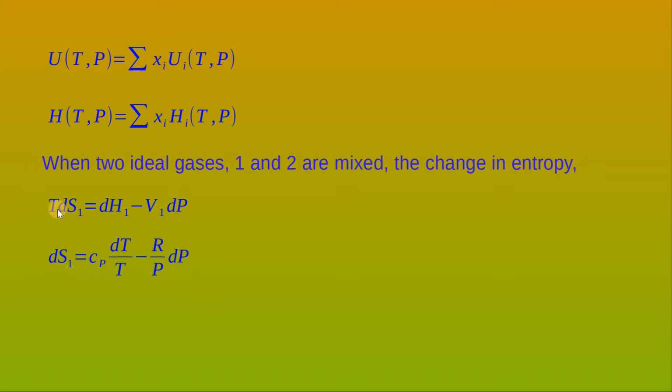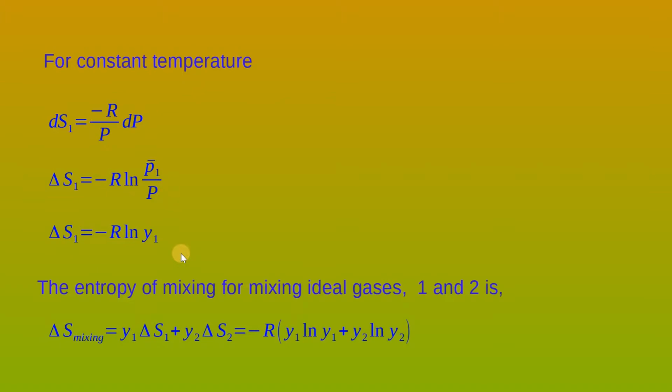Yes. We all know that T dS1 is equal to dH minus V dP, or V1 dP. Now, if we divide it by T, we will get dS1 is equal to Cp dT by T minus R over P dP. For a constant temperature process, this is what we get.